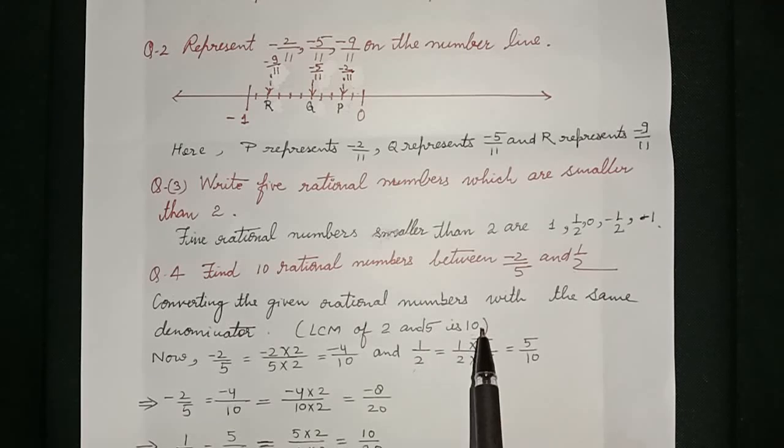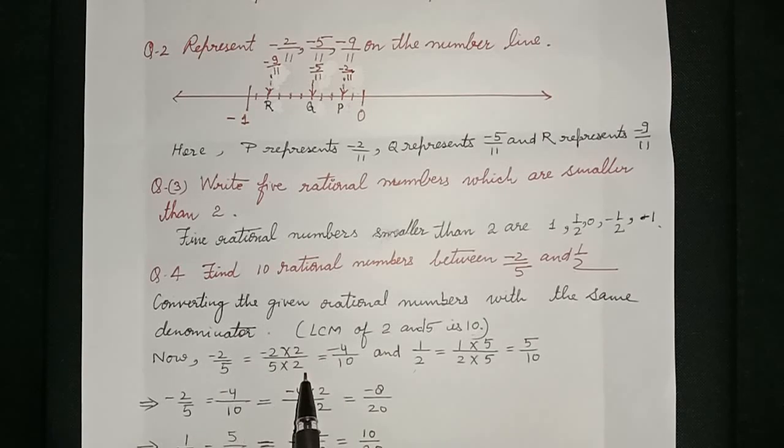As you can see, we have to make the denominator 10. To make 5 into 10, we will multiply by 2, and you will multiply the numerator also by 2. After multiplying numerator and denominator both by 2, we get minus 4 upon 10.